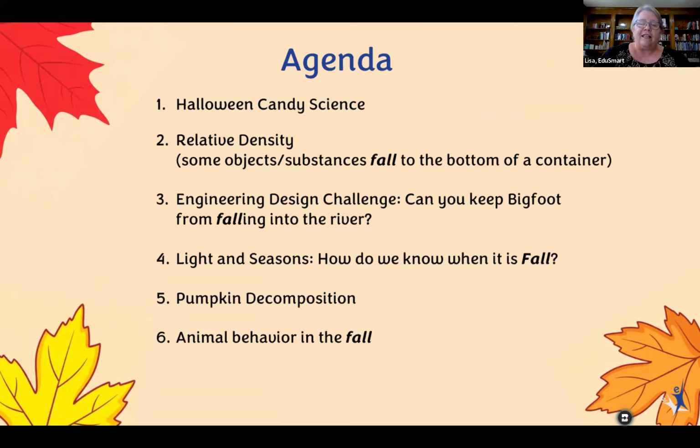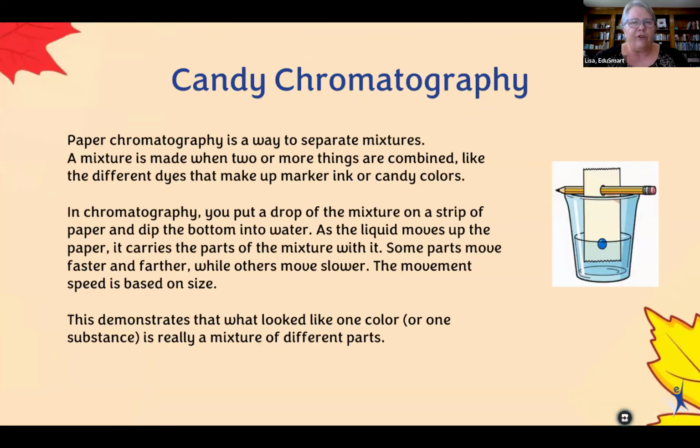For light and seasons, how do we know when it's fall? We'll briefly go over a pumpkin decomposition, which is really fun to do, and then an activity where we model animal behavior in the fall. If you have any questions as we go along, just feel free to speak up. I'm very informal.